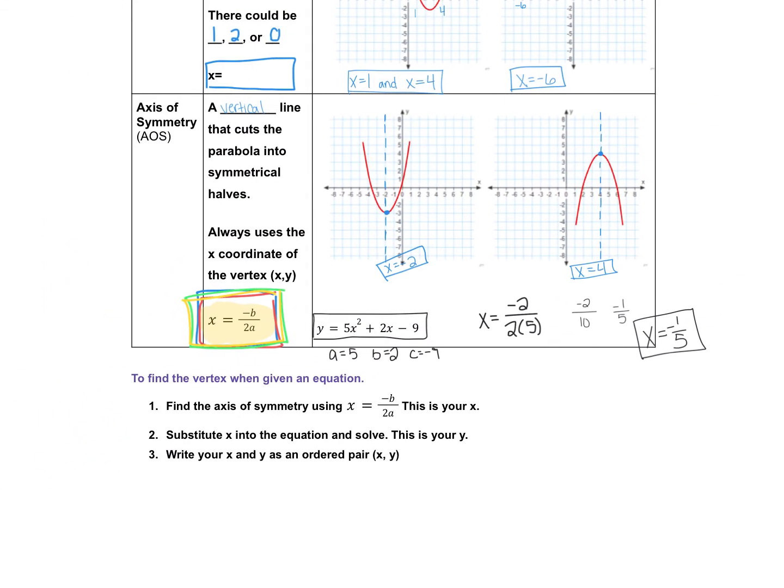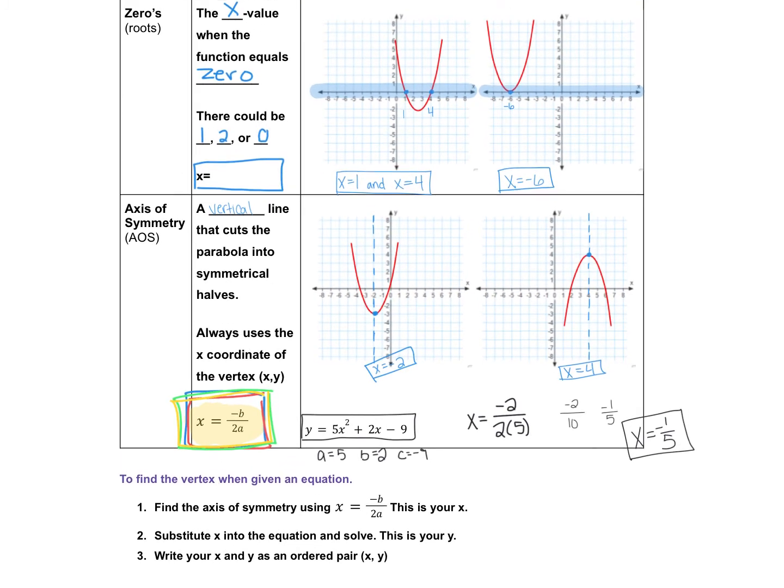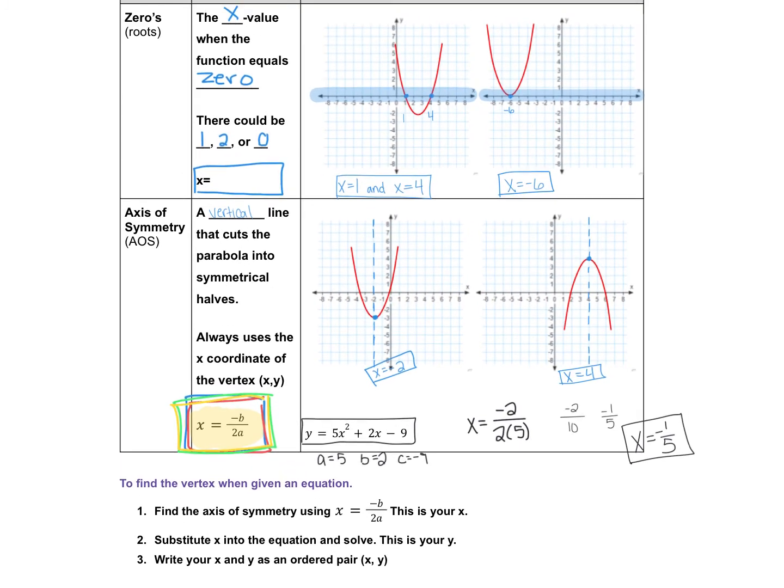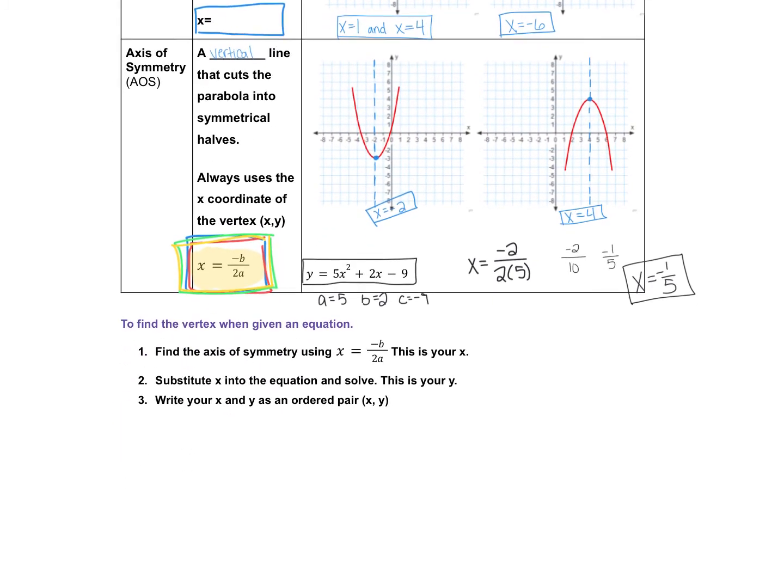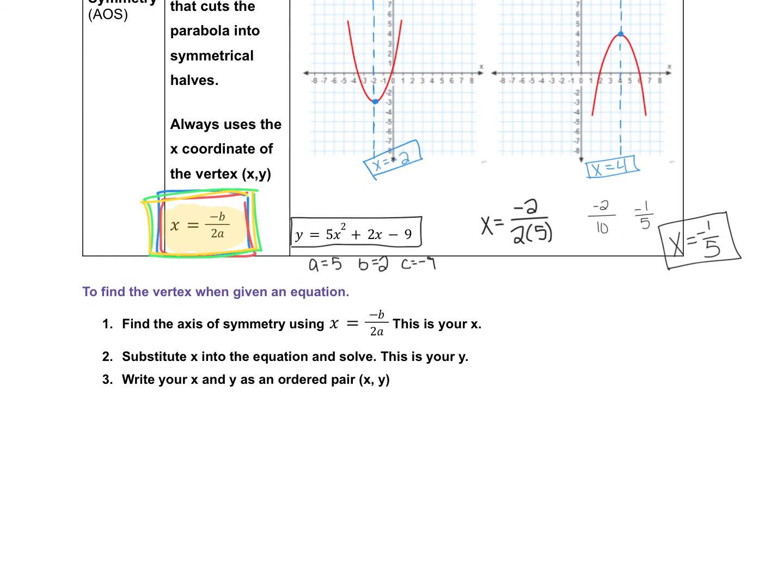Okay. Hopefully you're really comfortable with those two things, the zeros and the axis of symmetry. I have one more word that we're going to remember from yesterday, and that's the vertex. We learned how to find the vertex using a graph. Today we're going to use an equation, okay? And I have three steps for you.